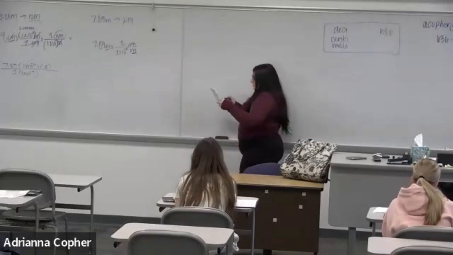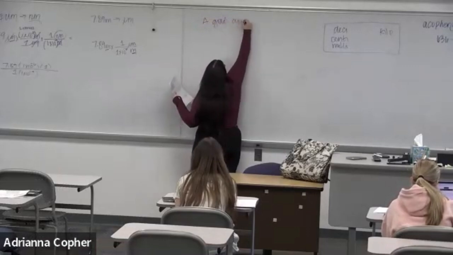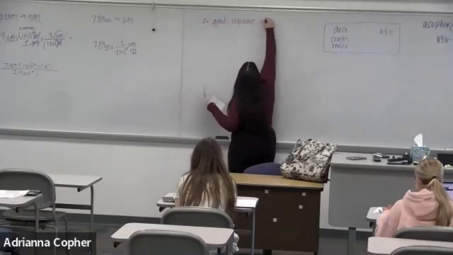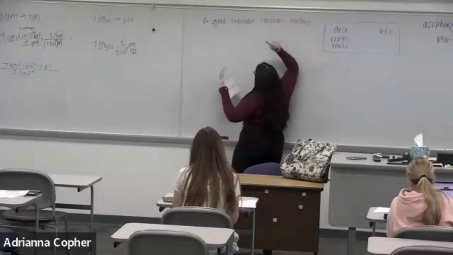Okay, so this one is a word problem. A graduated cylinder contains 56.7 milliliters of liquid.